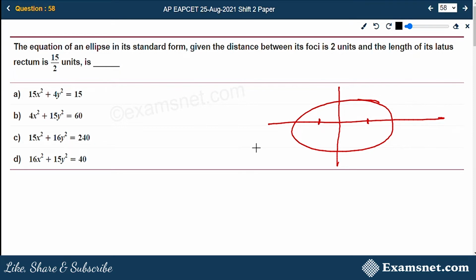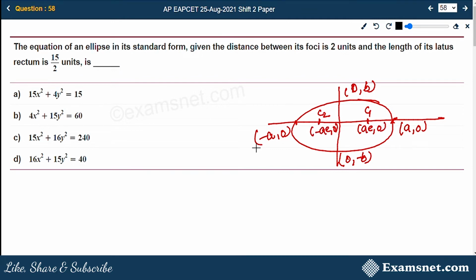Over here, you can mark this point as (a, 0), and this one will be (minus a, 0), right? Similarly over here, this one is (0, minus b) and this one is (0, b). Let's mark all the points, C1, C2: this one is (ae, 0), this one is (minus ae, 0).